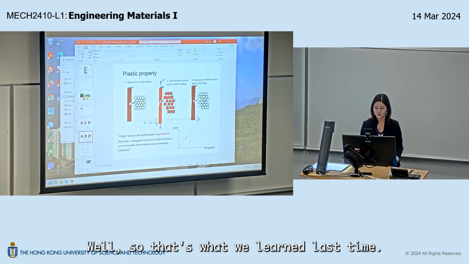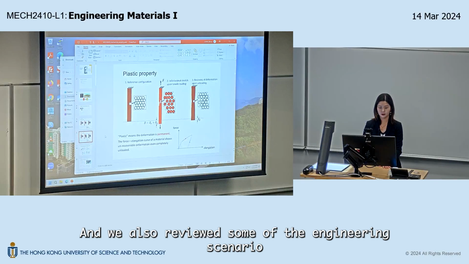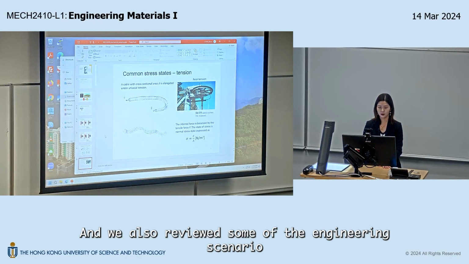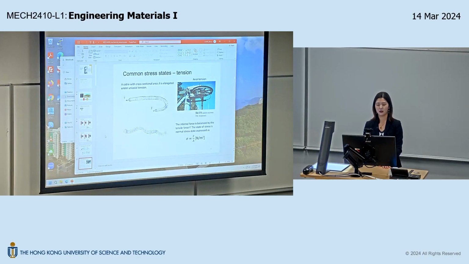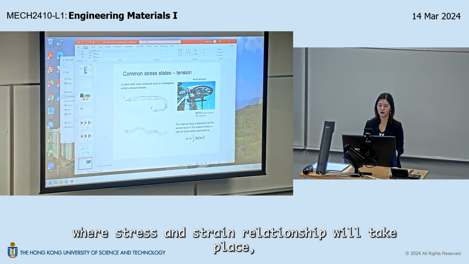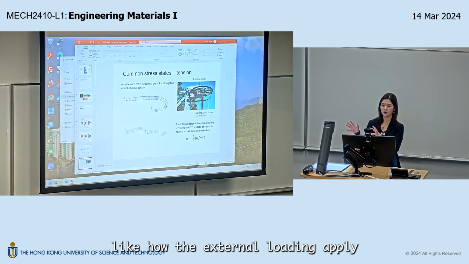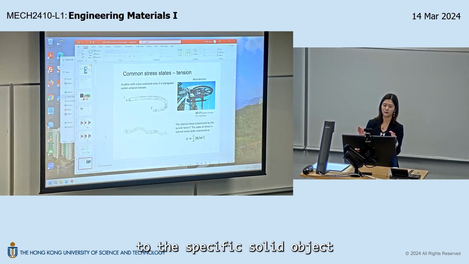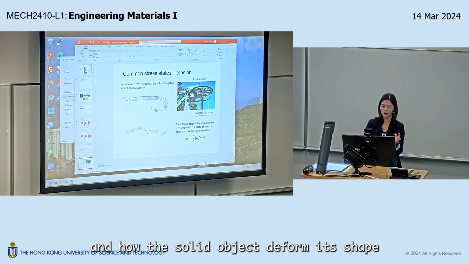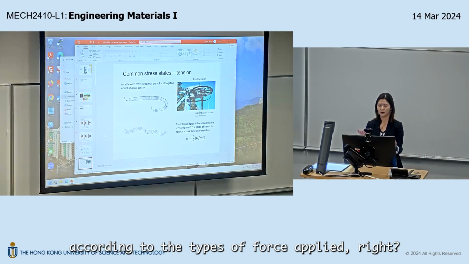That's what we learned last time, and we also reviewed some engineering scenarios where the stress and strain relationship takes place, like how external loading applies to a specific solid object and how the solid object deforms its shape according to the types of force applied.